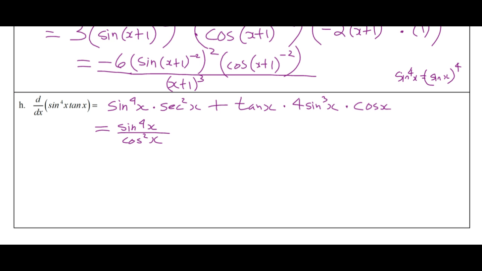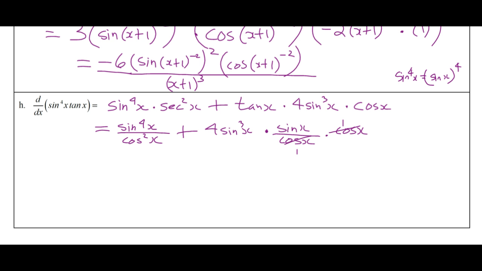And I could go, let's put the 4 sine cubed x first, so 4 sine cubed x times, now let's put tan x, which is sine x over cos x, times cos x. Okay, so we're writing everything in terms of sine or cos. So secant squared becomes 1 over cos squared. Tangent becomes sine over cos. And why? Well, because if you've got this, then these guys cancel, right?